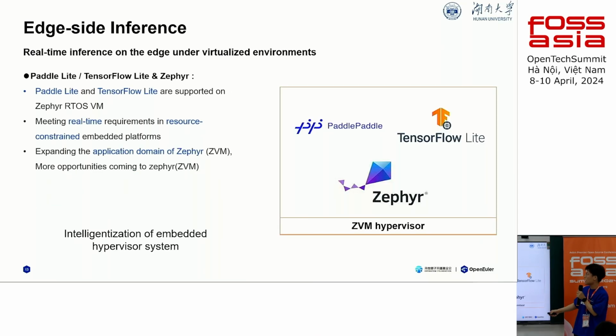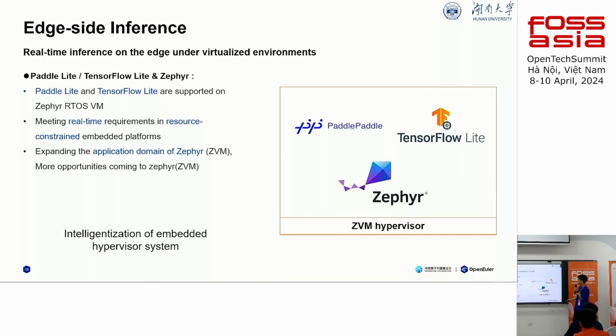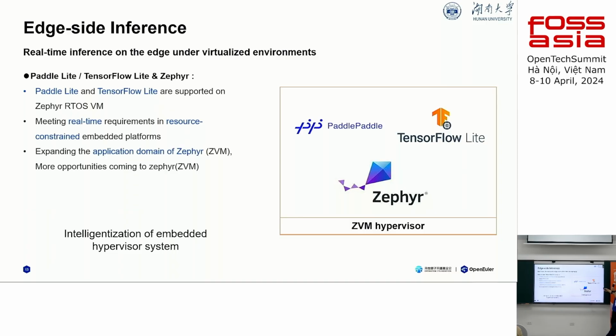And finally is the edge-side inference. ZVM supports real-time inference on the edge side under the virtualization environment, because Paddle and TensorFlow are supported on the Zephyr RTOS VM. So when ZVM boots Zephyr, it can run Paddle and TensorFlow.